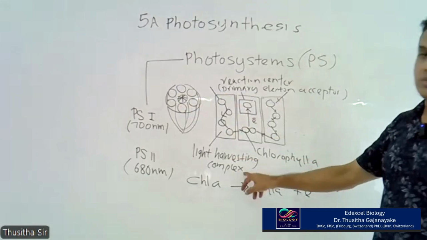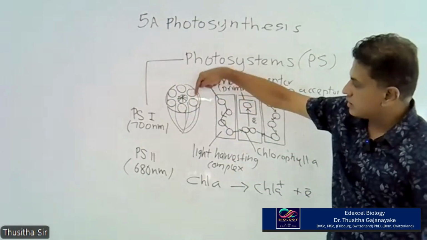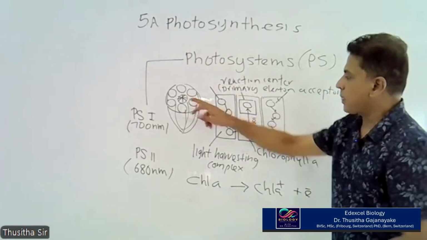The light harvesting components, these two, are arranged like this. Light harvesting, and then you bring in the chlorophyll A in the middle, this one, and the reaction center.